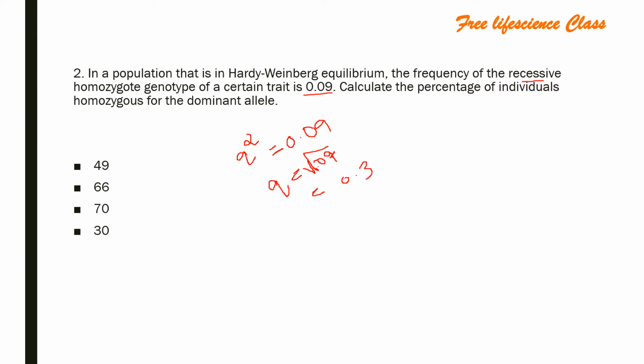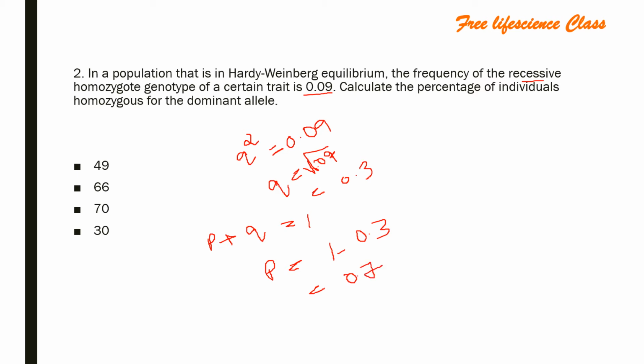Now we got q. Then we have to find p. It is given that this population is in Hardy-Weinberg equilibrium, so from that we can understand p plus q is equal to 1. So p is equal to 1 minus q, that is 1 minus 0.3. So the answer is p is equal to 0.7.